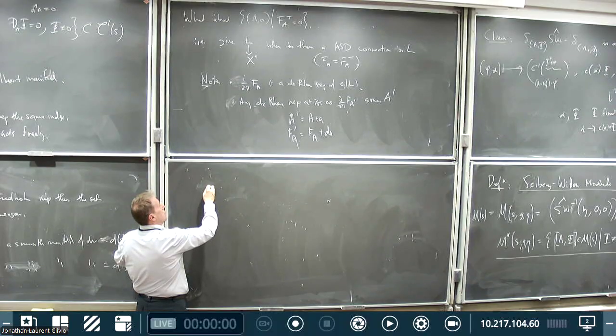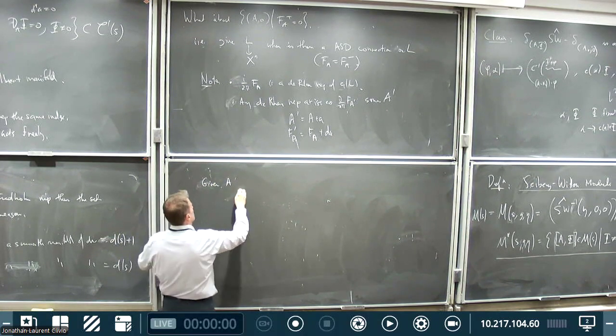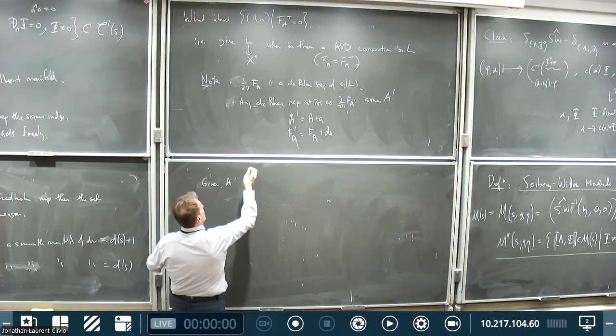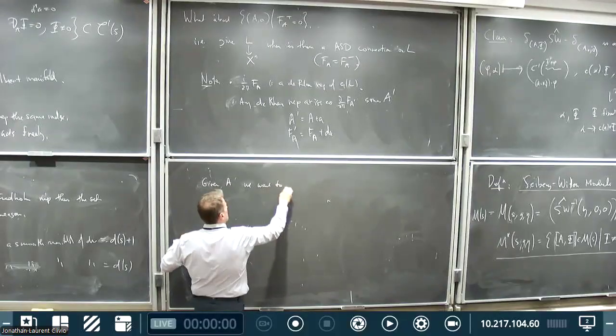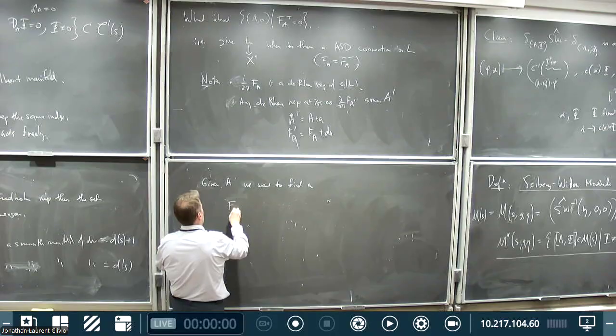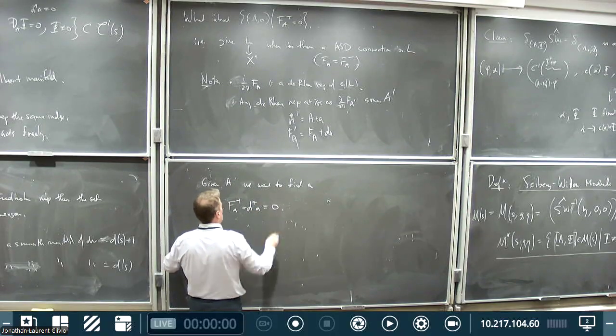Given A, if there's a representative, we want to find little a so that F_A plus da, the plus part, is 0.